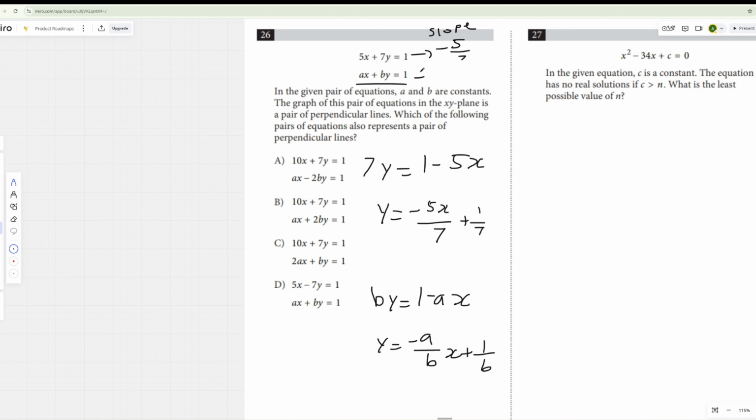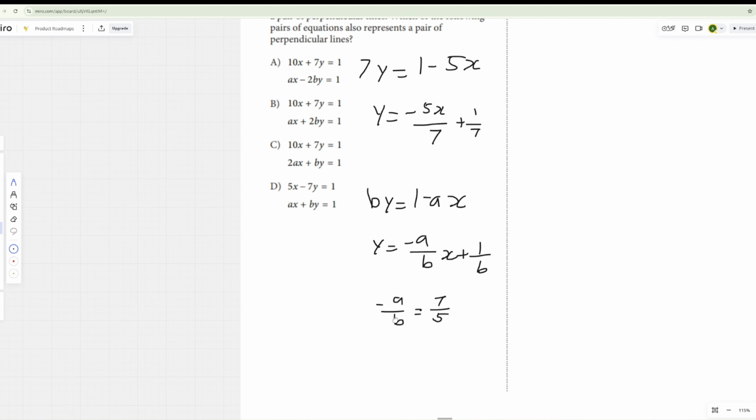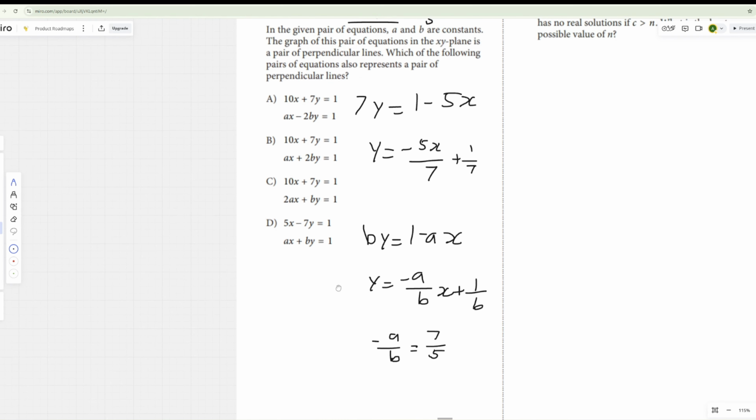If these two are perpendicular, that means this slope is the negative reciprocal of this. So it's going to be 7 over 5. If we put this in, negative a over b equals 7 over 5.